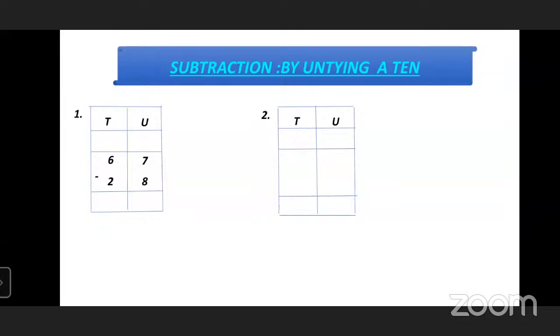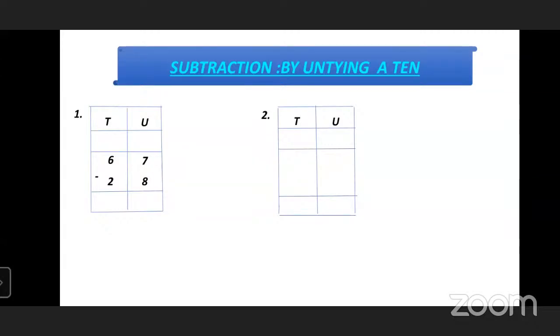One thing you have to remember always, that we should always start from the units. While doing any kind of sums like plus, minus or multiplication, you have to start from the units. So here under units we have 7 minus 8.